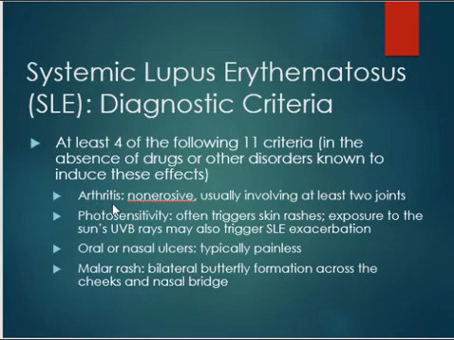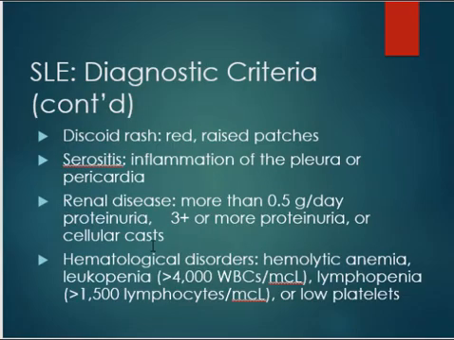So you have to have non-erosive arthritis, usually in 2 joints, photosensitivity, oral or nasal ulcers, a malar rash on the face typically, a discoid rash with these raised or red patches, serositis, which is inflammation of the pleura or pericardia, renal disease, a hematological issue such as hemolytic anemia, leukopenia, lymphopenia, low platelets.